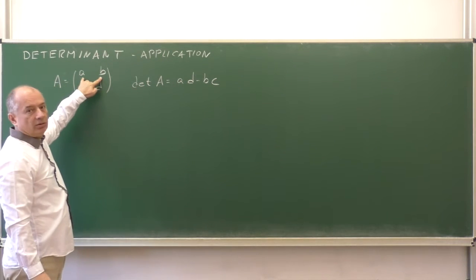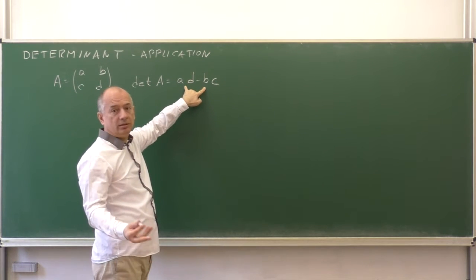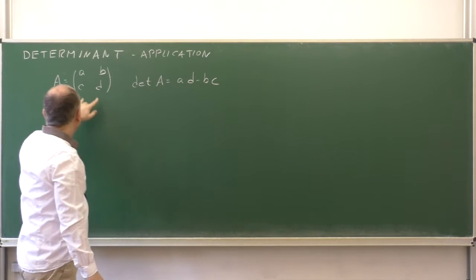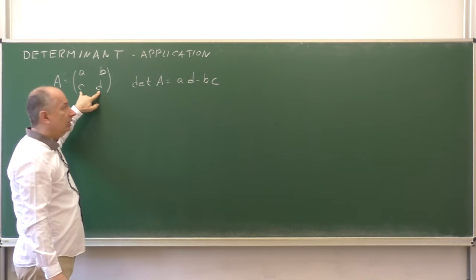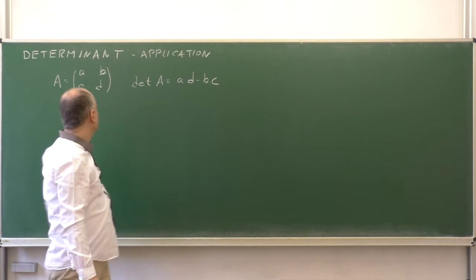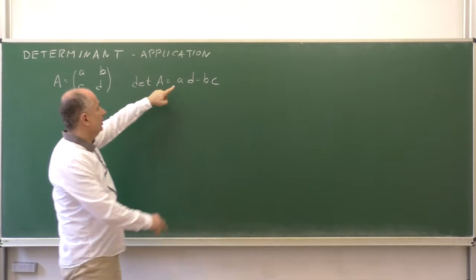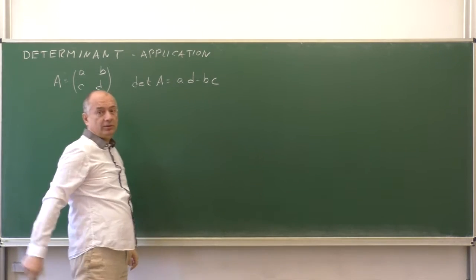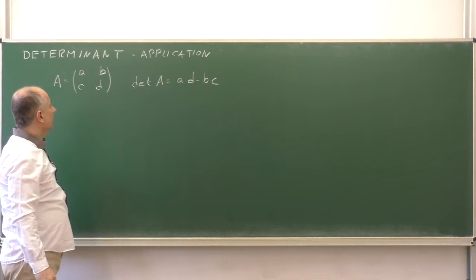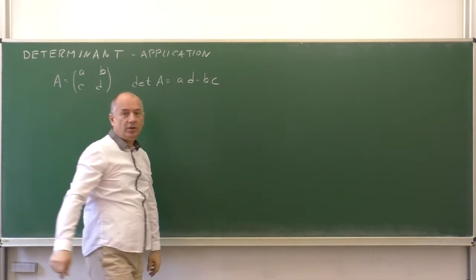Say if the first row is 0, then A and B are 0 and the determinant is 0. If the second row is 0, C and D are 0 and the determinant is also 0. If the first column is 0, then A and C are 0 and the determinant is 0. Or if the second column is 0, then B and D are 0 and the determinant is 0.